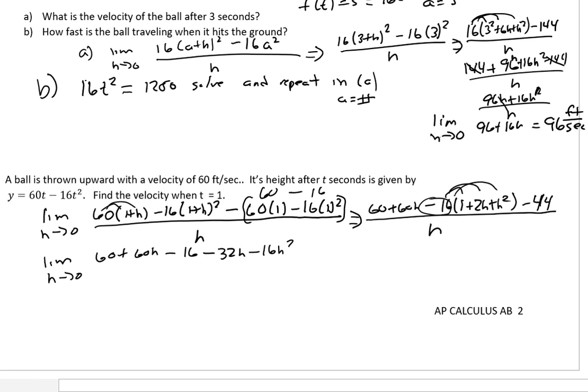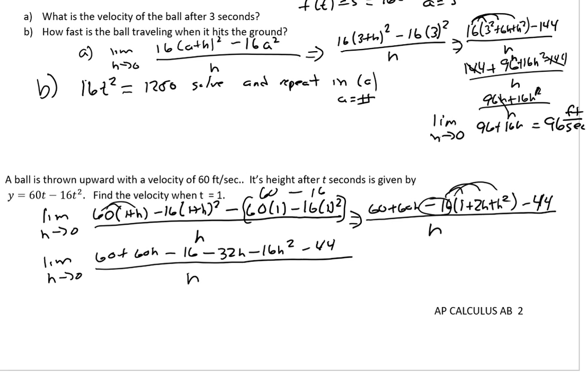Okay, now every time we do this, everything that doesn't have an h in it should cancel out. You'll see the 60 and the minus 16 and the minus 44 are the only things without an h in them. Well, 60 minus 16 is 44, and 44 minus 44, of course, is 0. So those three things cancel out. Then I'm left with 60h minus 32h minus 16h squared all over h.